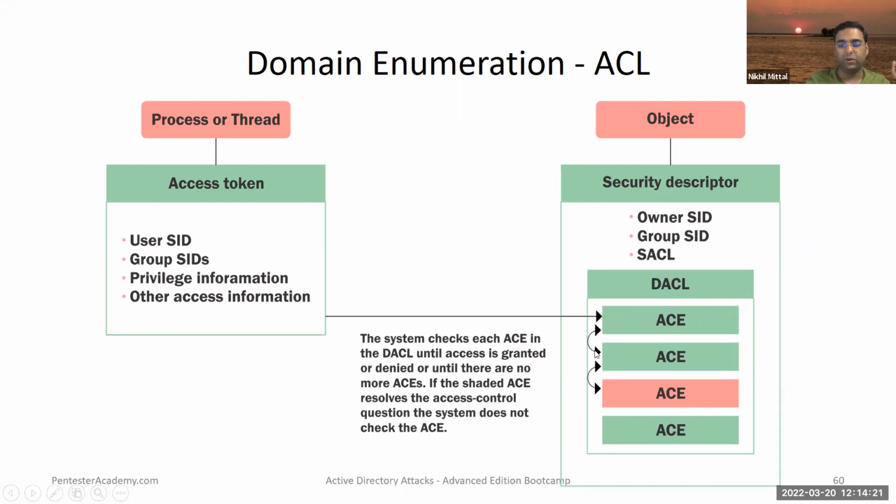So the checking is per entry. Can you access or not? Can you access or not? And so on. The check keeps going, each ACE is checked until the access is granted or denied, or there are no more ACEs.